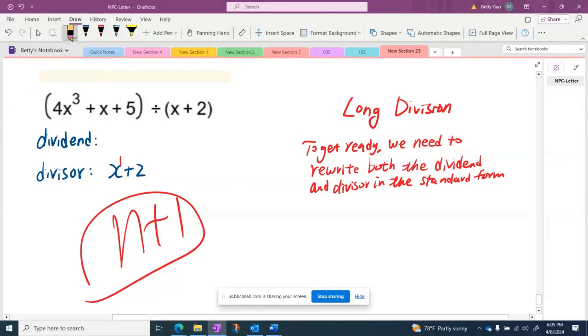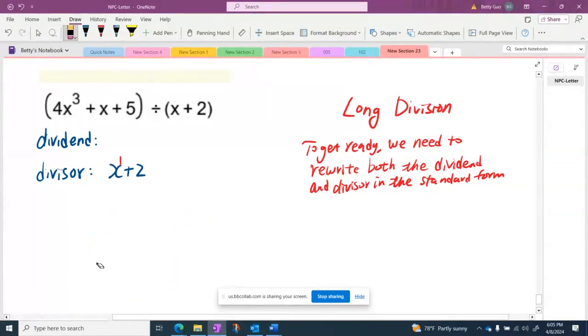Let's look at the dividend. The dividend is 4x cubed plus x plus 5. Degree is 3. 3 plus 1, use the degree, add 1. 3 plus 1 is 4. So the standard form of the dividend is supposed to contain 4 terms.